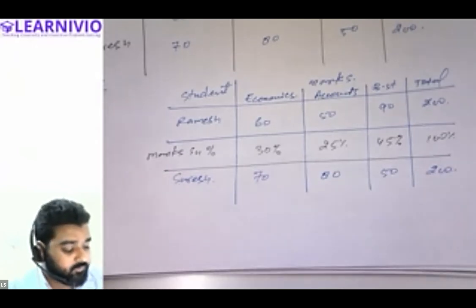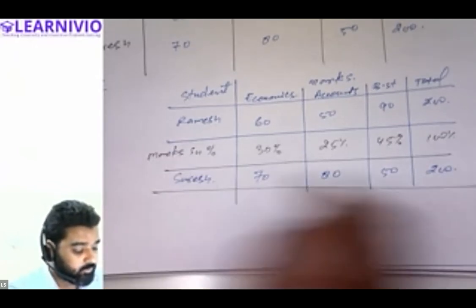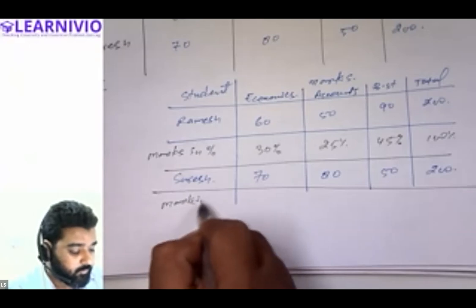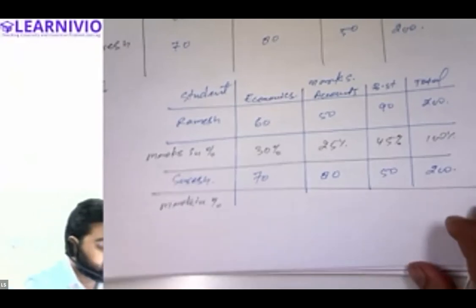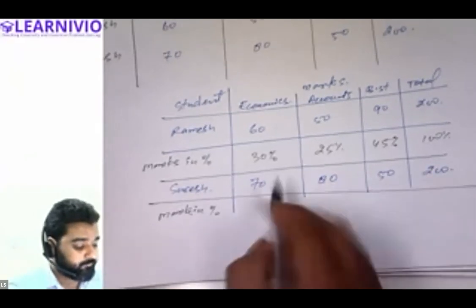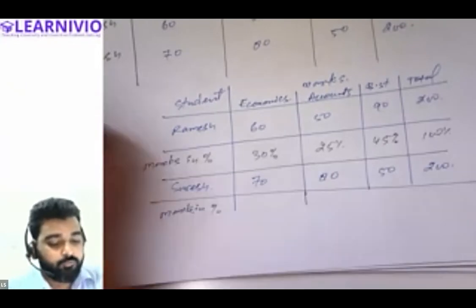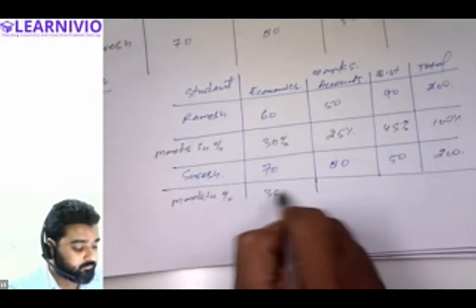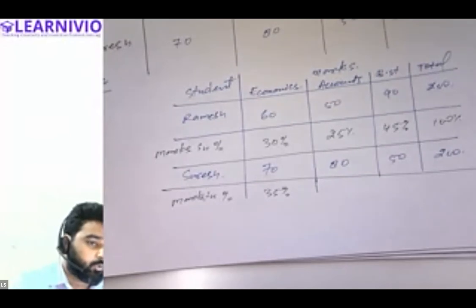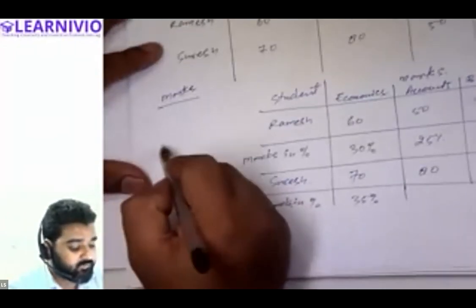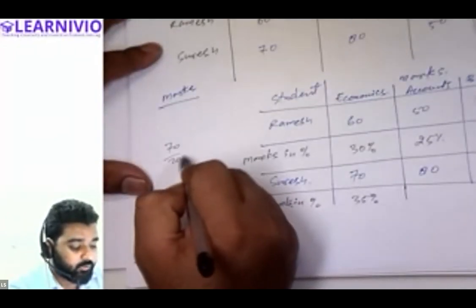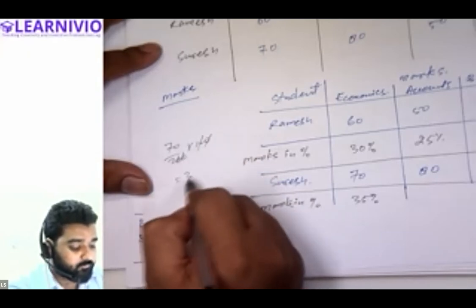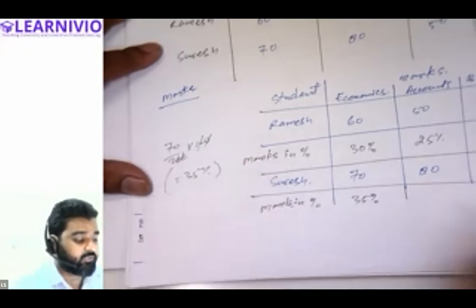And on the basis of this information, we will be converting the marks into percentage. 70 is how much percentage of 200? So this is very simple, 35%. You can calculate it as 70 upon 200 into 100, and you will get 35%. So this is how we calculate the percentage.